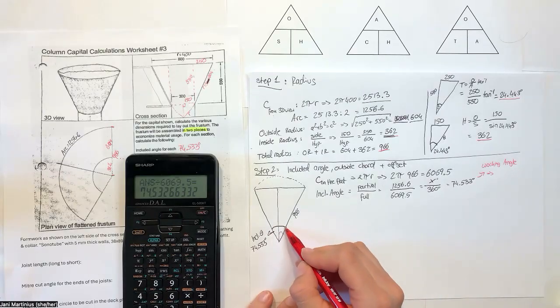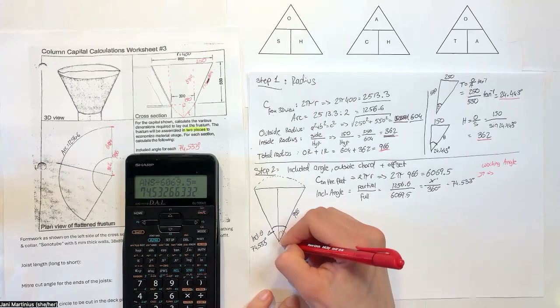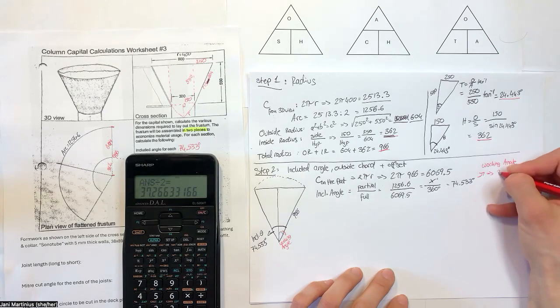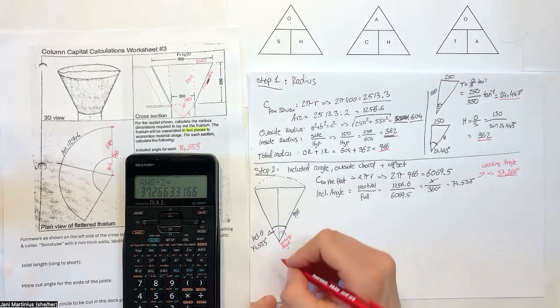Because that's the included angle of the whole segment. But when we're breaking it down to our individual triangles, we're only working with half of it. So working angle. Just divide by 2 and that gets us 37.266 degrees. So that is the angle that we will be working with.